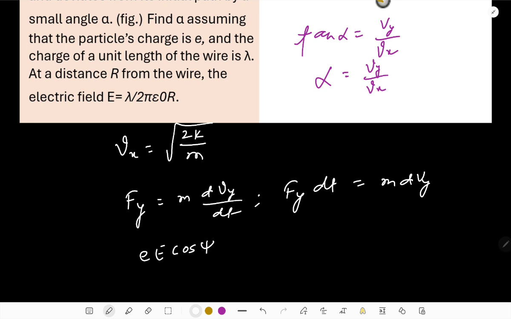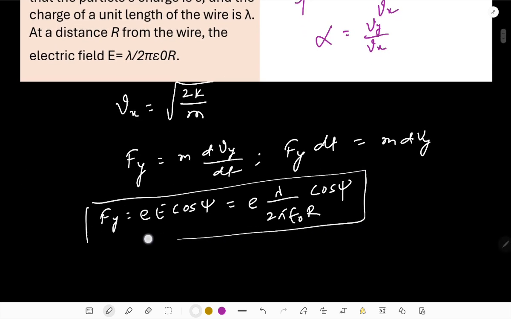The value of E is given in the problem, as you can see: lambda by 2 pi epsilon naught r, multiplied by cos psi, and this becomes Fy. Okay, fine, I got Fy. What about dt? How can I find the value of dt? We have a relationship.